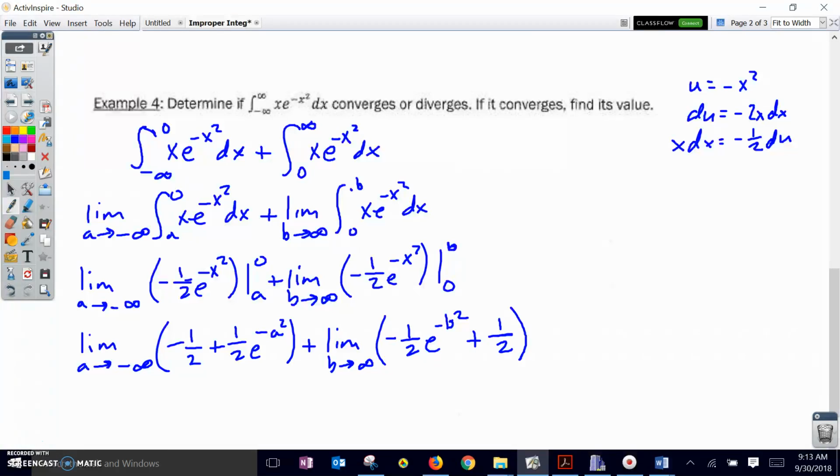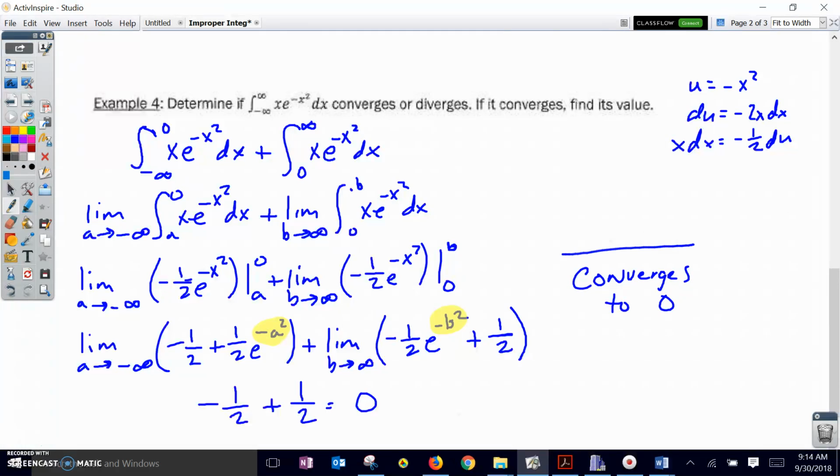Now if I take both of these limits as x goes to negative infinity or positive infinity, this exponent is going to approach negative infinity in both cases. And so those terms end up becoming 0, and we end up with just negative 1/2 plus 1/2 equals 0. So this integral converges, and in fact it converges to 0.